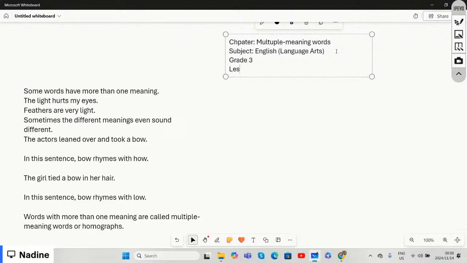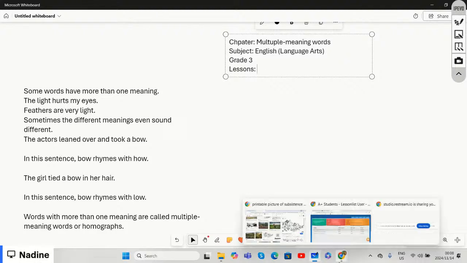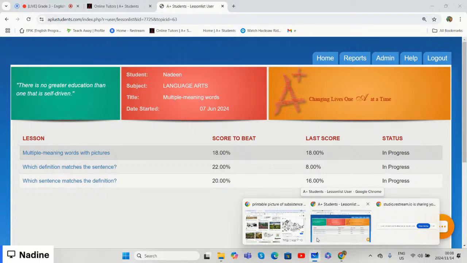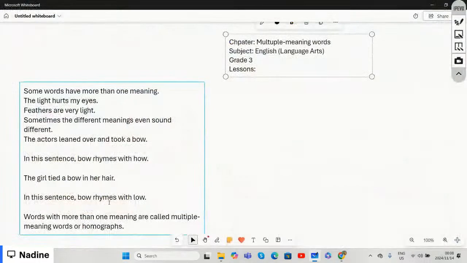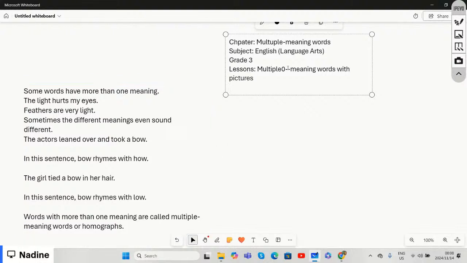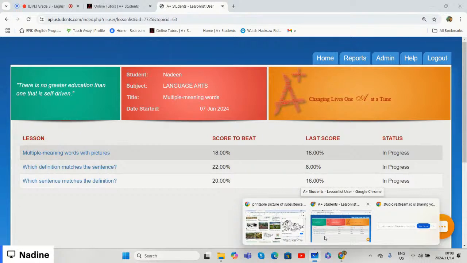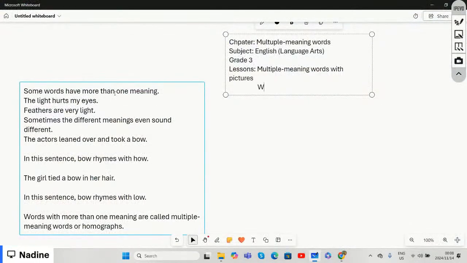We're doing grade 3, and the lessons that we are going to be focusing on under the chapter of multiple meaning words are multiple meaning words with pictures, and which definition matches the sentence.